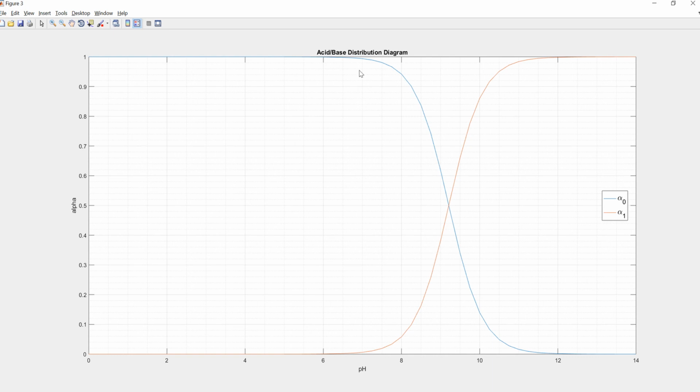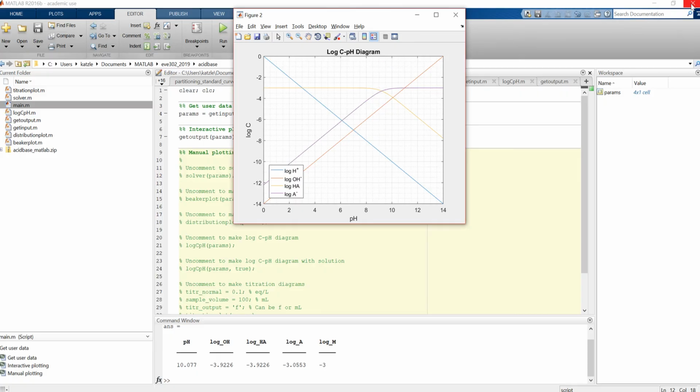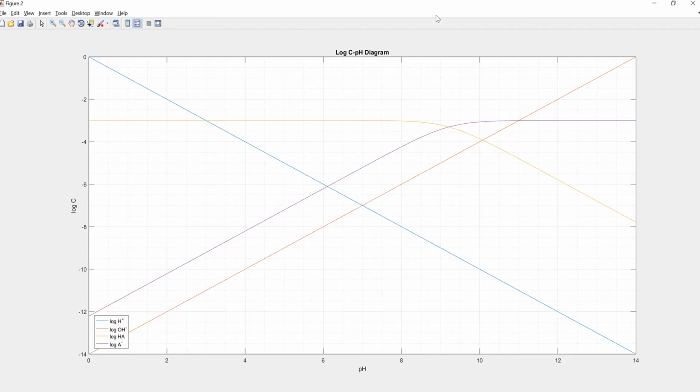And again, the acid dominates at low pH, the base dominates at high pH. The next plot we see is the log C-pH diagram. Again, we can see all the different species, log of H plus, log of OH minus, the log of HCN, and the log of CN minus.